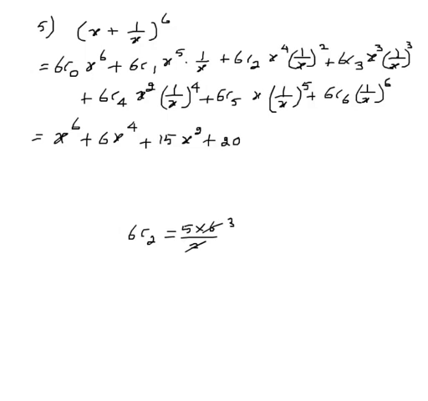It was 20. X cube and x cube will get cancelled. So this is independent of x term. There is no x term in this. 6c4 and 6c2 are same, which is 15 divided by x square plus 6c5 is 6 divided by x raised to 4 plus 6c6 is 1 divided by x raised to 6.